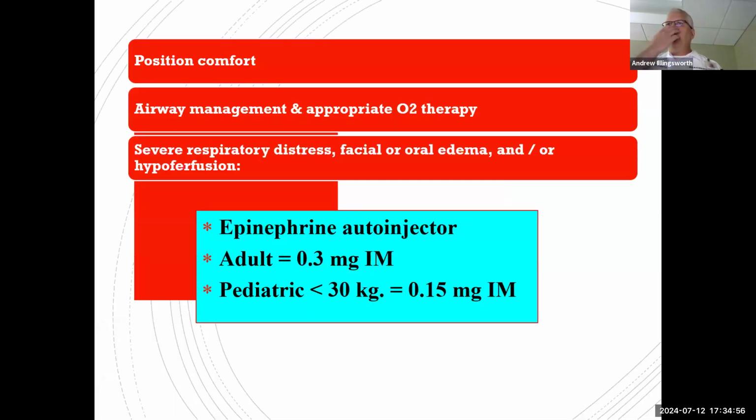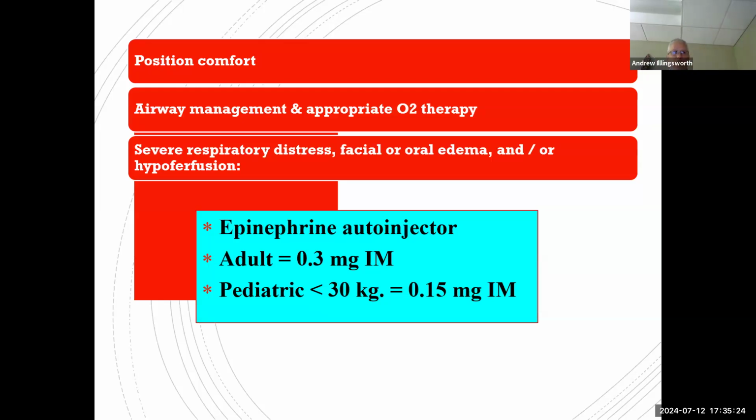All right. So when we are taking care of our patients, we're going to put them in a position of comfort. We're going to do airway management. We're going to do it aggressively, and we're going to do appropriate O2 therapy. If it's severe respiratory distress, or they have facial or oral edema, and they're hypoperfusing, meaning they have a low blood pressure and they have the signs that go with it, do not hesitate.